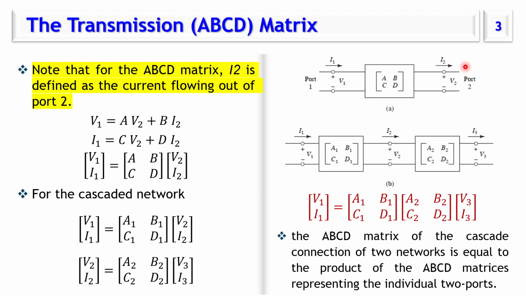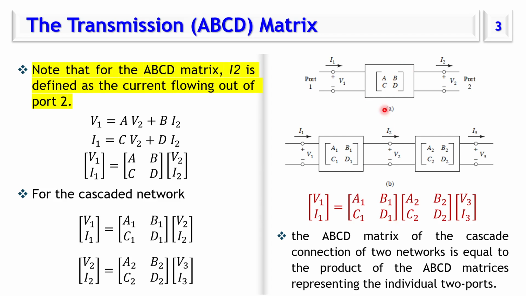We need to pay attention that the current at port 1 is input to the port, and at port 2 is out of the port. That is just to achieve the main feature of the ABCD matrix, which is the ease of cascading multiple sections.